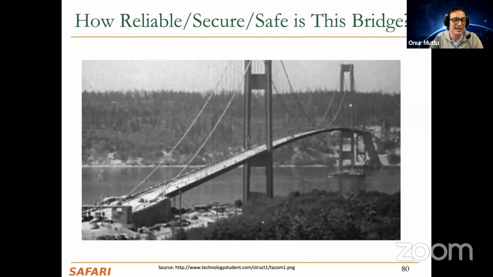I also use this analogy when I talk about security. This is a bridge that used to be on Tacoma Narrows in Washington state, where I used to live, very close to Seattle. I was at Microsoft Research, where I started the computer architecture group. I used to cross the Tacoma Narrows, but after that I didn't cross this bridge, because it had a failure in it.